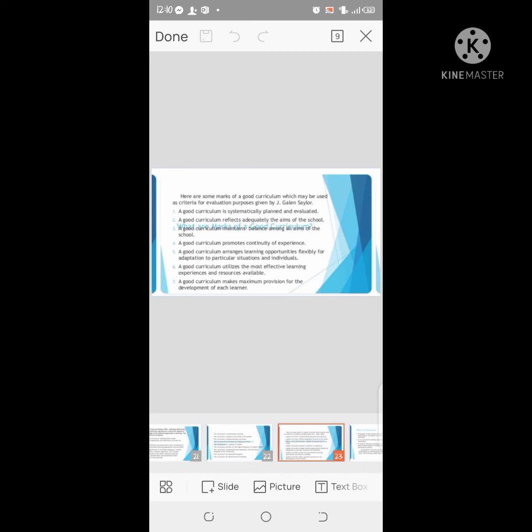Then, a good curriculum arranges learning opportunities flexibly for adaptation to the particular situation and individuals. So next, number 6, a good curriculum utilizes the most effective learning experiences and resources available. And last one, a good curriculum makes a maximum provision for the development of each learner.